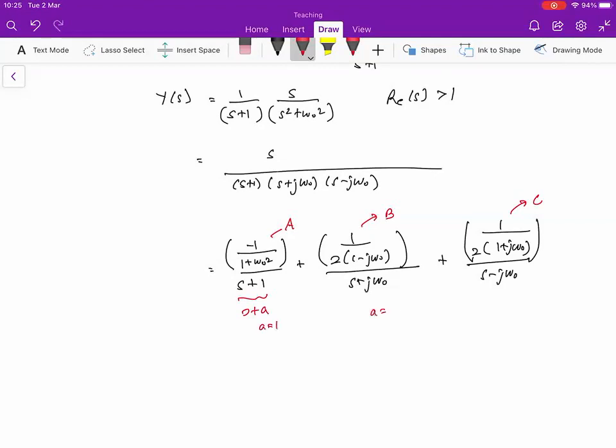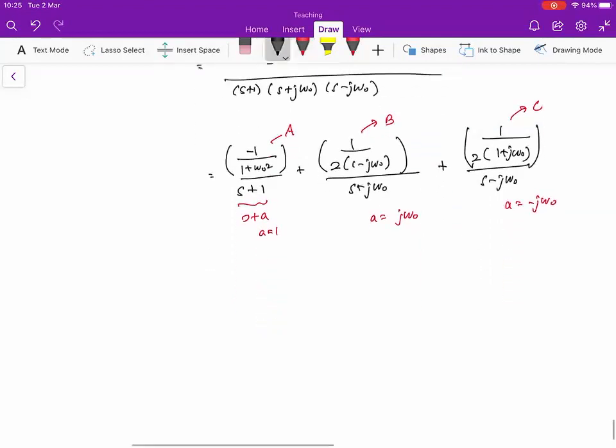This is going to be a equals j omega naught, and this is going to be a equals minus j omega naught. The inverse transform of 1 over s plus a is really straightforward. 1 over s plus a goes to e to the minus a t.